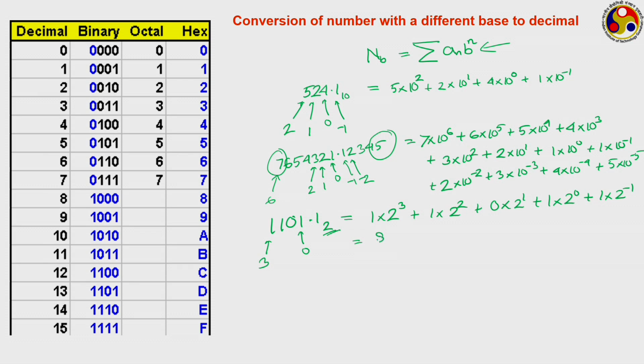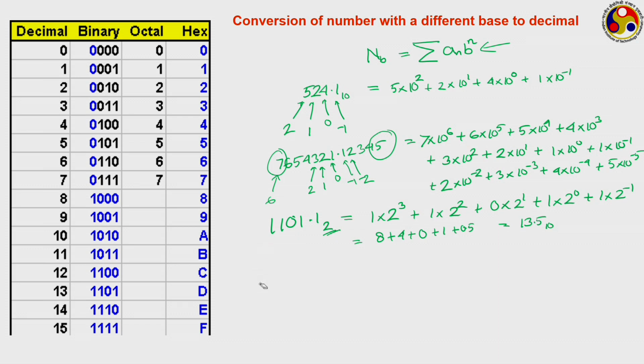So get their values: this is 8 plus 4 plus 0 plus 1 plus 0.5, that is 13.5 in decimal base 10. That is how we can convert a binary number to its decimal equivalent.